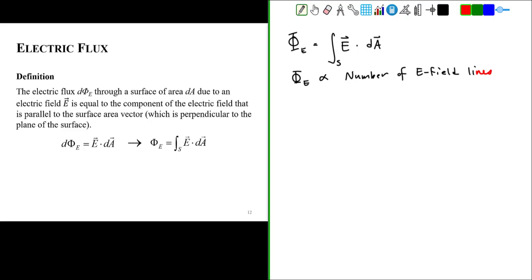Let's start with the fact that we know from our previous discussion that electric flux depends on three things. It depends on the magnitude of the electric field. It depends on the size of this area.